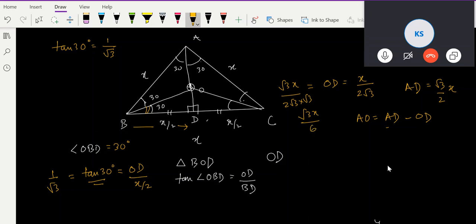So AD is root 3 by 2x, OD is root 3 by 6x, right?